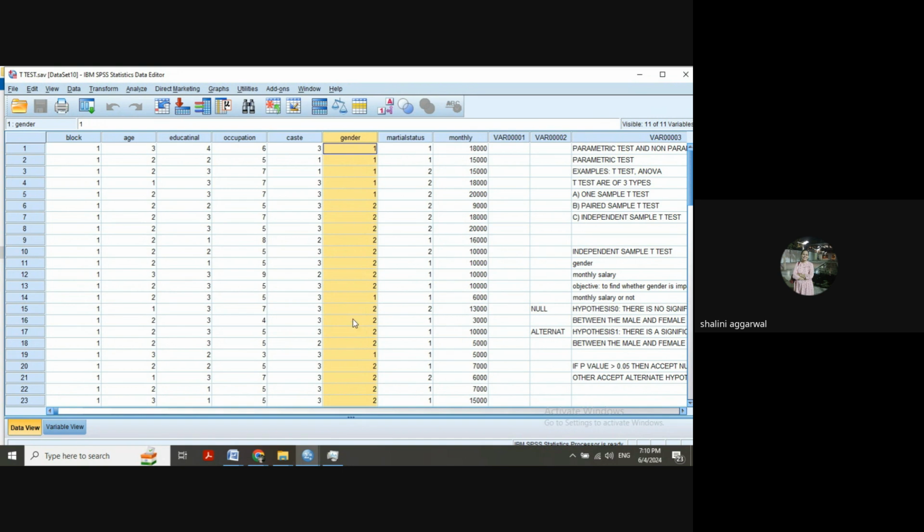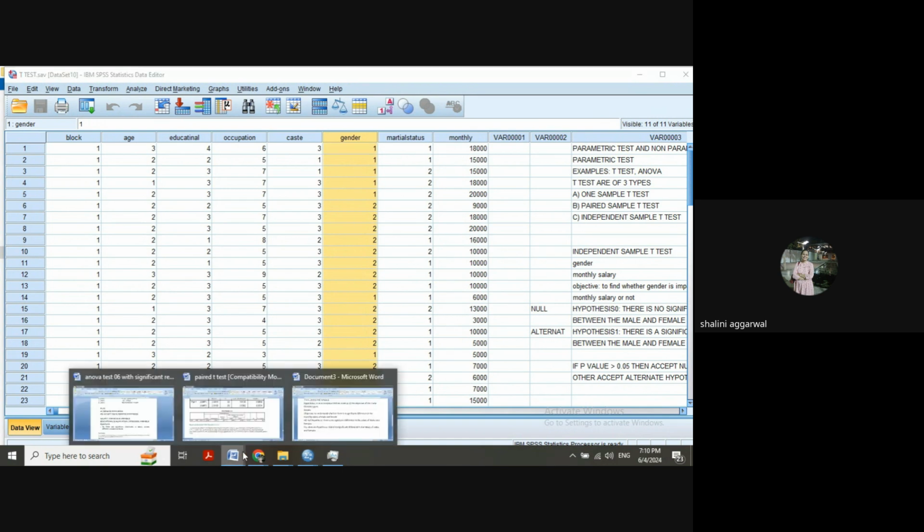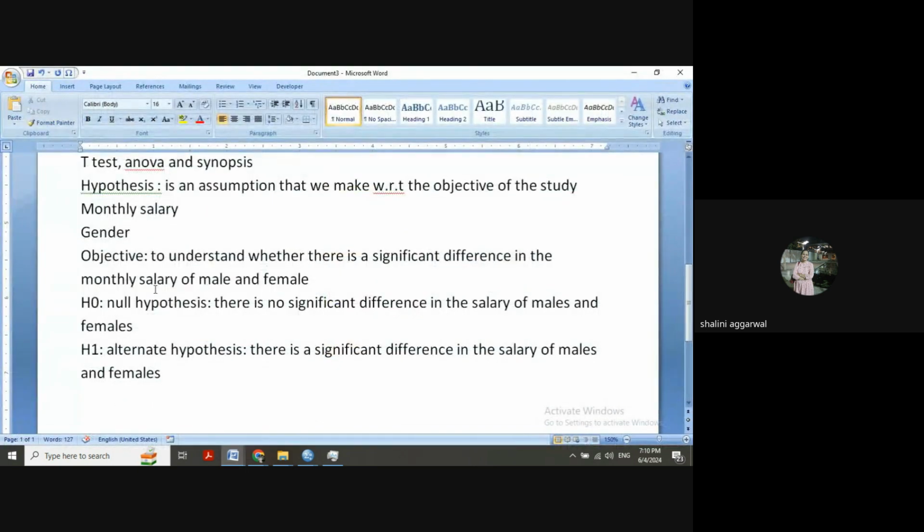Now, you want to know whether there is a significant difference in the monthly salary of males and females. It means, if a person is male, he gets more salary than female, or the organization does not make any discrimination between female and male. The same salary is given.